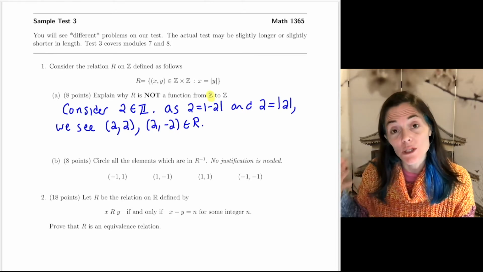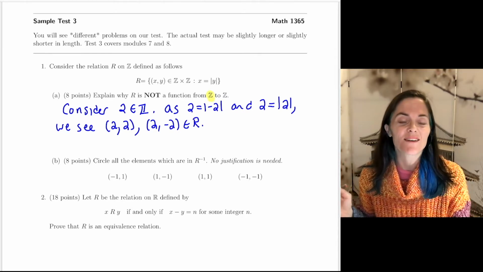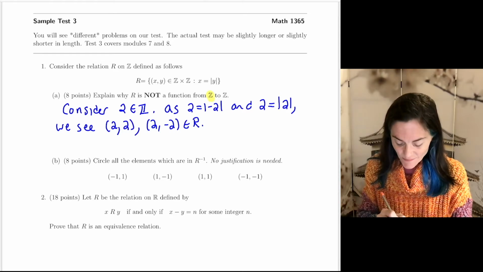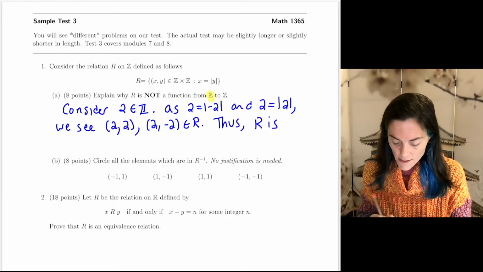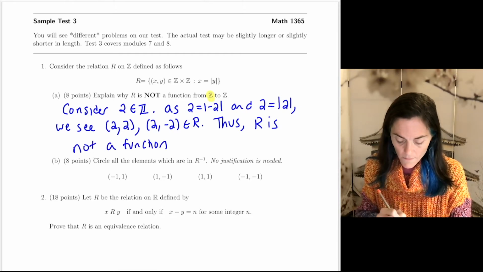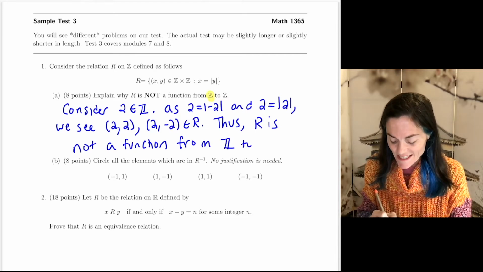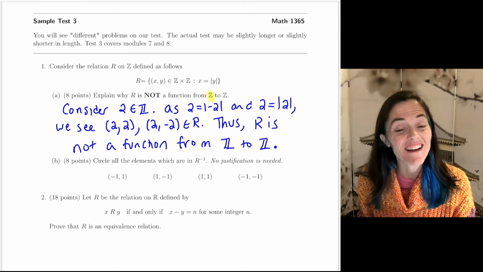We have element 2 in Z is the first coordinate in 2 elements of our relation. I'll just say thus, R is not a function from Z to Z. So this is one justification. You could certainly come up with others, but this is wonderful.